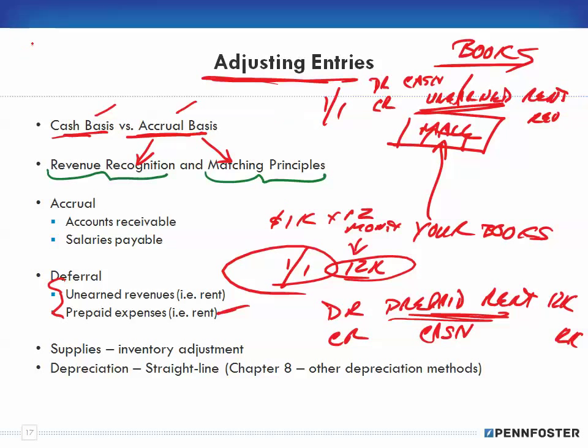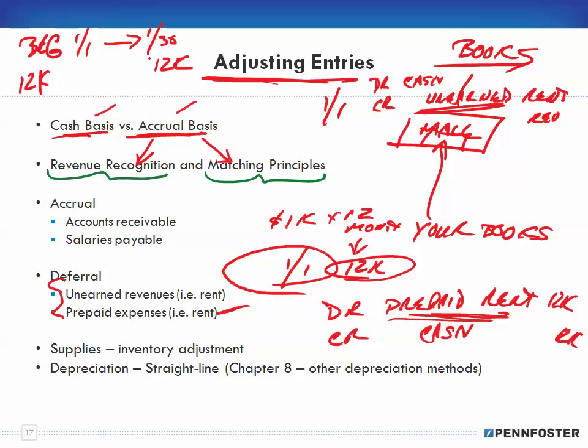So at the beginning of the accounting period, okay, you have on your books prepaid rent of $12,000. Okay, and on their books they have unearned rent revenue of $12,000. Let's call that beginning of the accounting period January 1st. When you get to the end of January, now you've used up one month's worth of that rent.